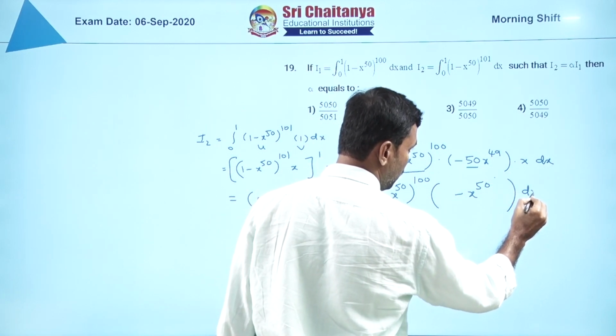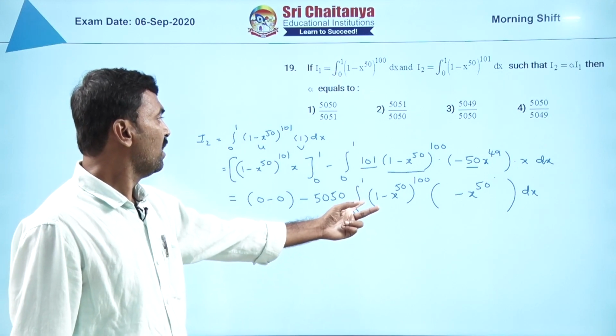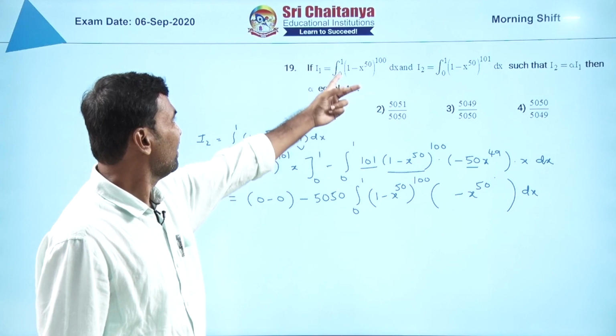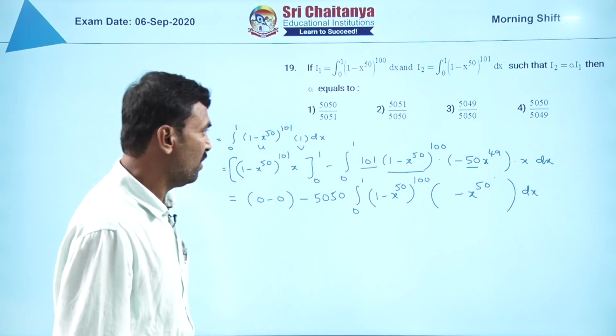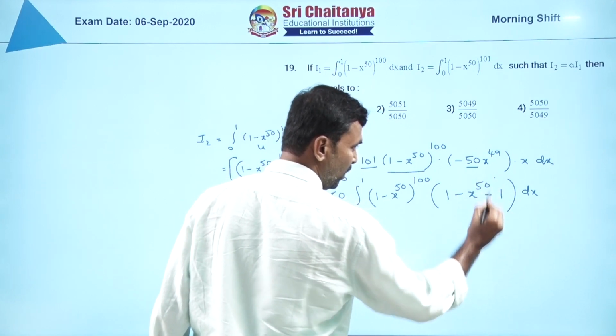Here I am adjusting so that I can write this integral in terms of I1 and I2. For that I will add 1 and subtract 1 to balance.